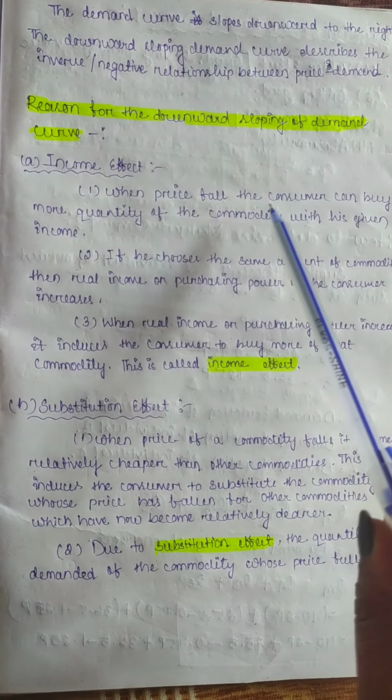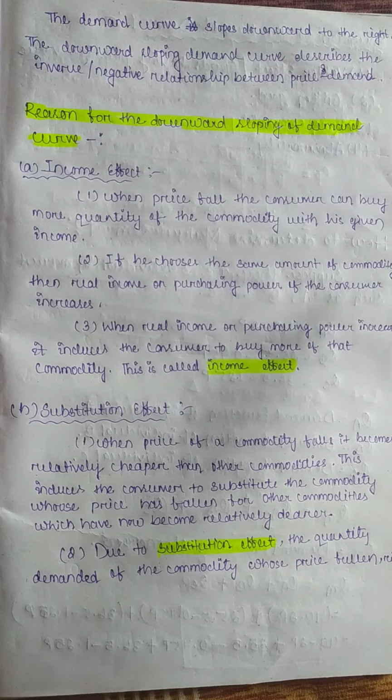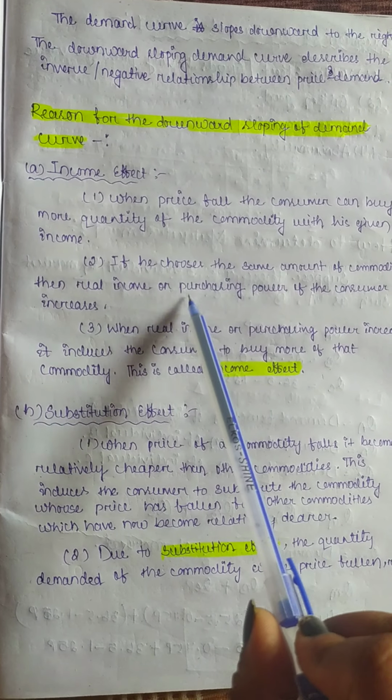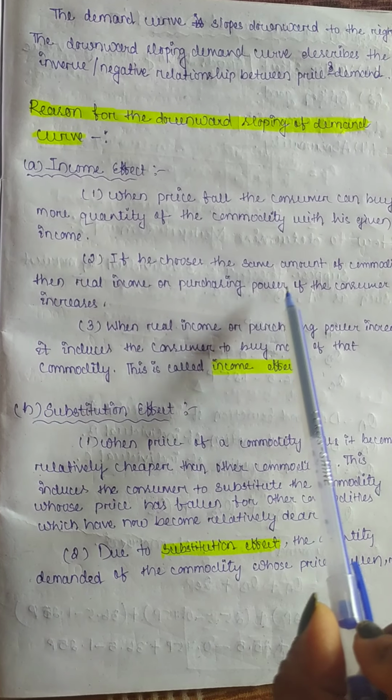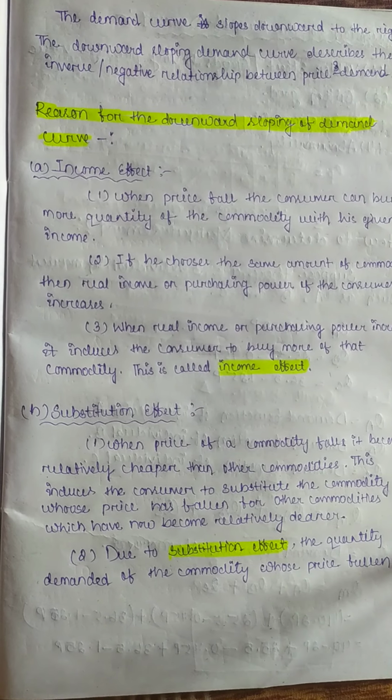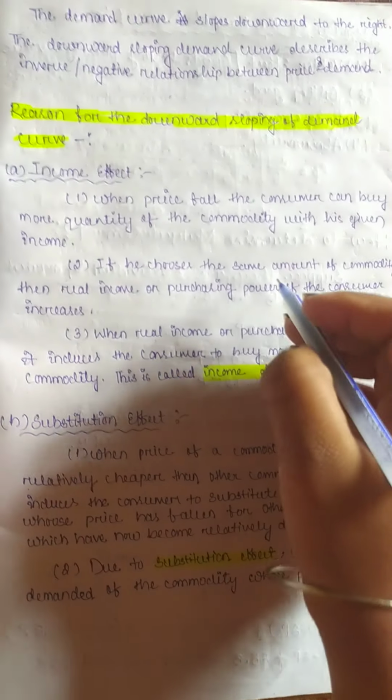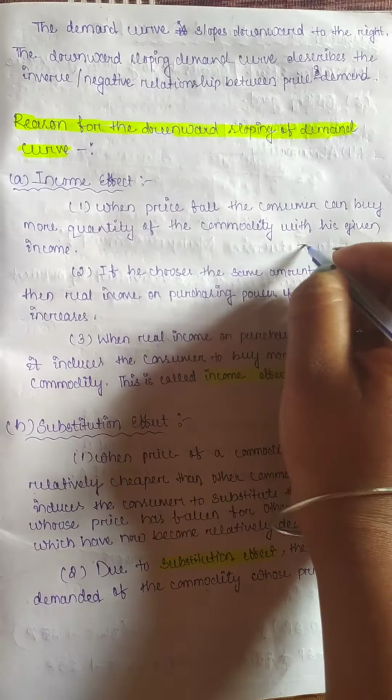If he chooses the same amount of the commodity, then the real income or purchasing power of the consumer increases.